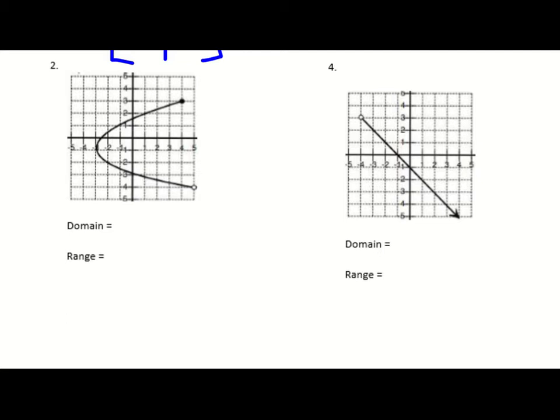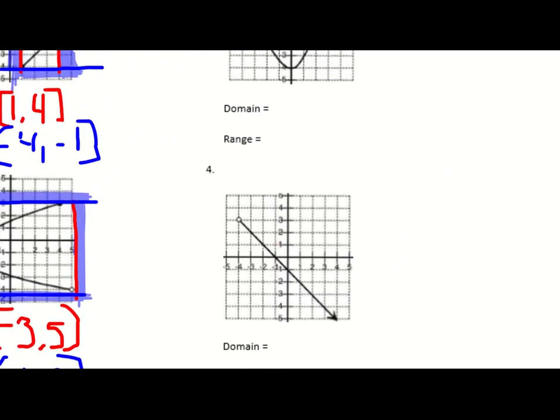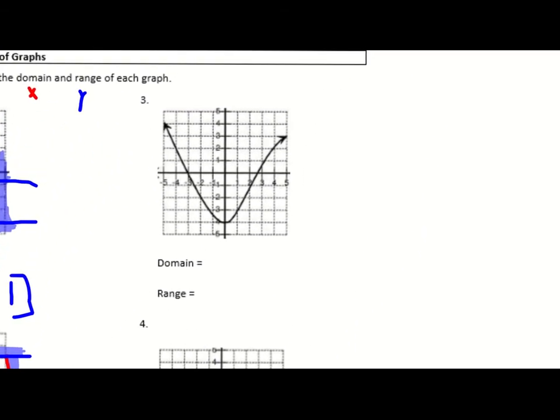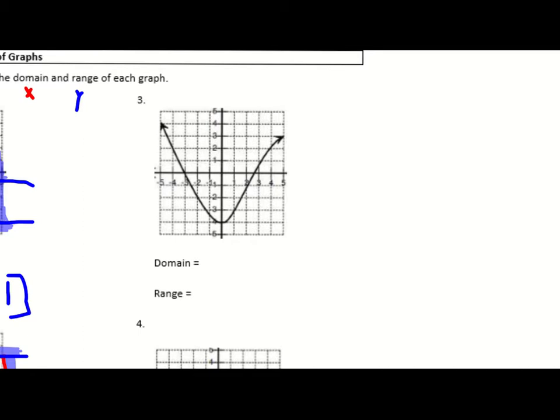Let's move on to number 3. We want to find the domain and range of this graph. Again, I'm going to color in around it, so that when I find my domain, I can go straight to the left and say here, and straight to the right and say here.